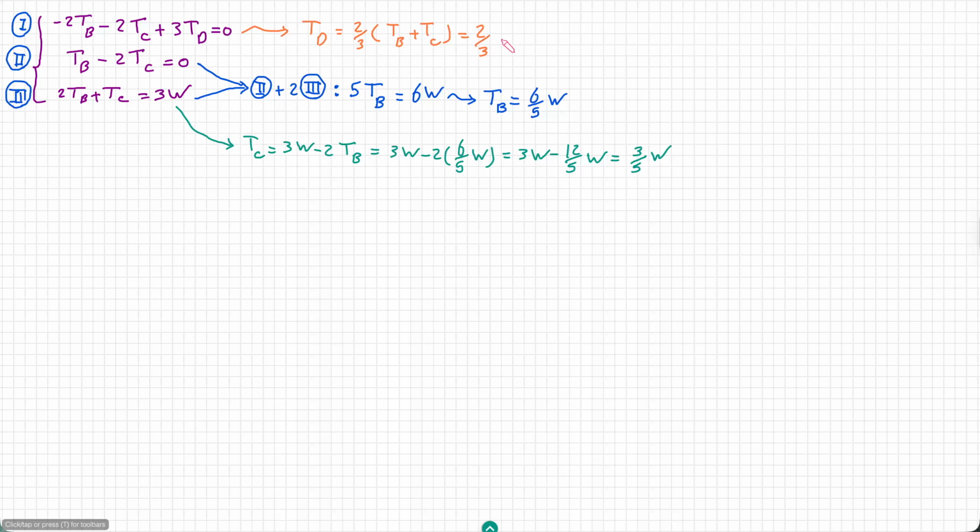So we get 2 over 3 times TB, that is 6 over 5 W, plus TC, that is 3 over 5 W. So we get 2 over 3 times 6 plus 3, 9 over 5 W. Then simplify more: 9 divided by 3 is 3, 3 times 2 is 6, so 6 over 5 W.